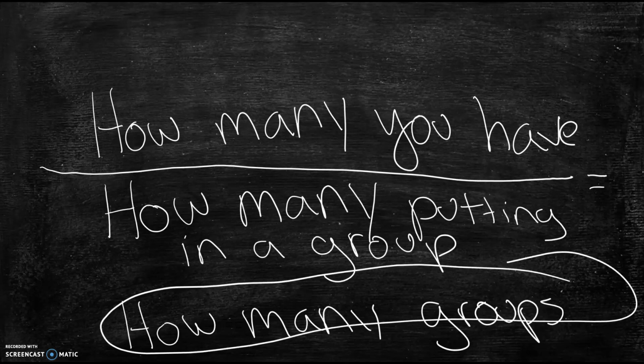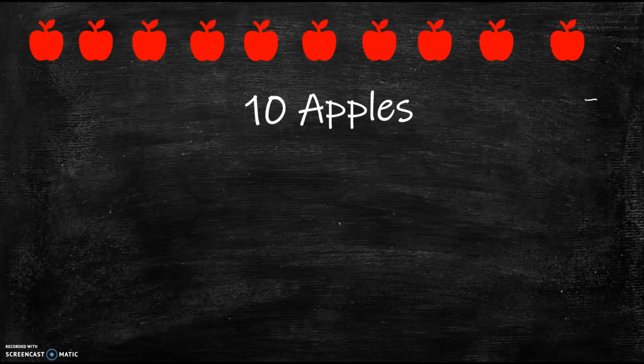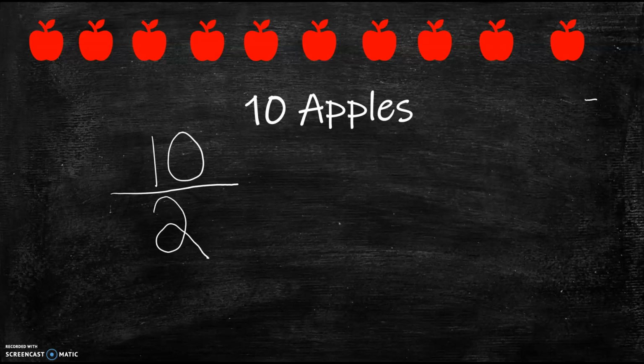So, let's practice a couple, and then we'll go into our long division. If I have 10 apples, and I want to put them into groups that have 2 apples in them, so I want to divide the number 10 by the number 2, what am I going to get?